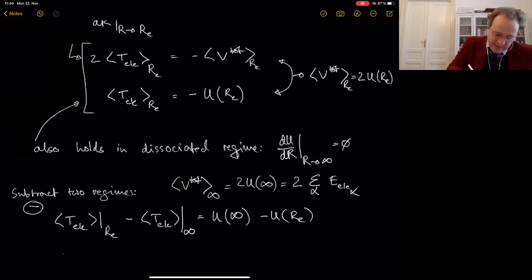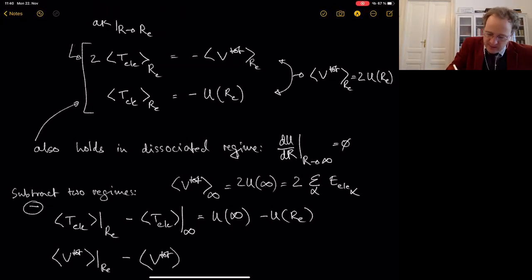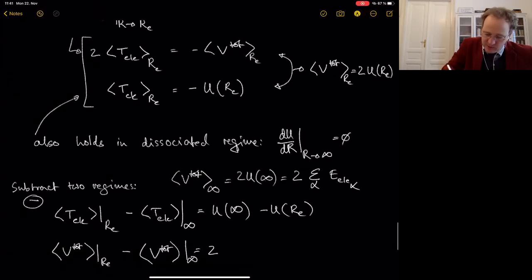We also have that the total potential at equilibrium distance minus V dot at infinity must be equal to 2 times U of Re minus U at infinity.